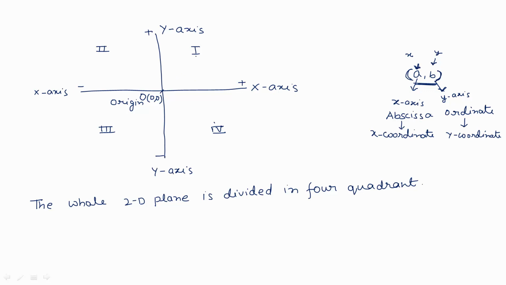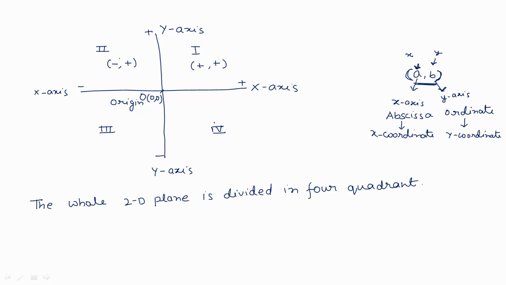The sign of the first quadrant: the first value is from the x axis, this is plus, and the second value is from the y axis, this is plus. So the sign of the first quadrant is plus plus. In the second quadrant the first value comes from x axis, this is minus, and the second value comes from y axis, this is plus.